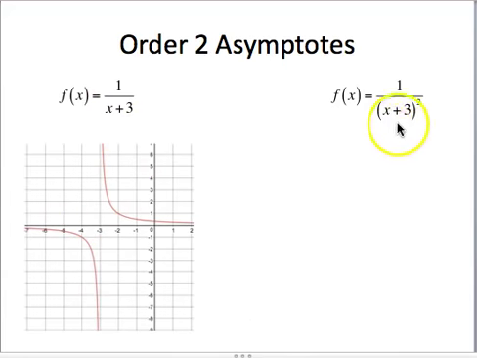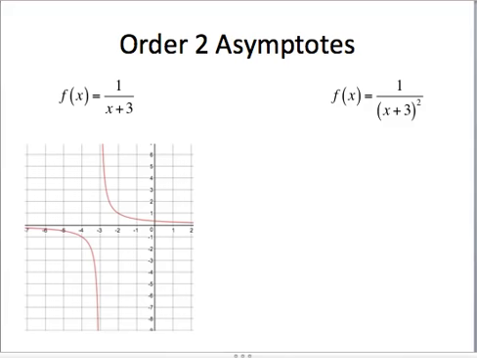But over here, no matter what you do, eventually you're going to square it so that the results are all going to be positive. If x is approaching negative 3, negative 2.9 plus 3, positive number squared is positive.